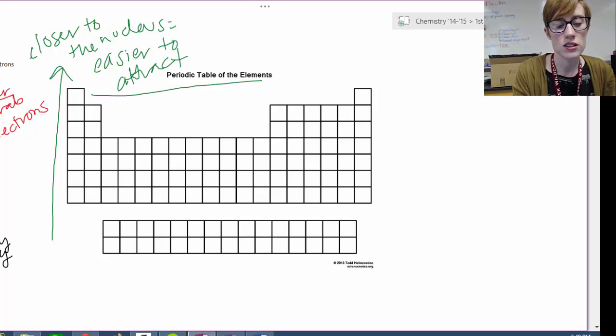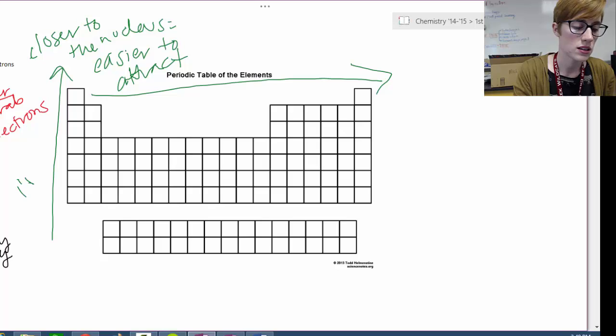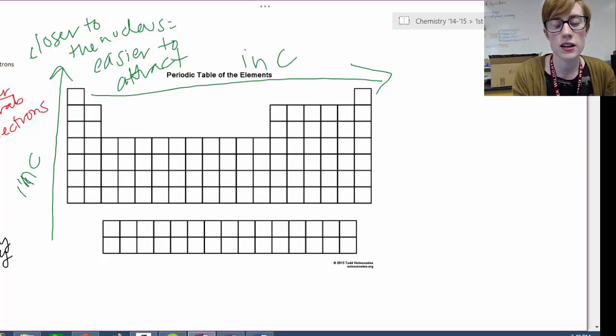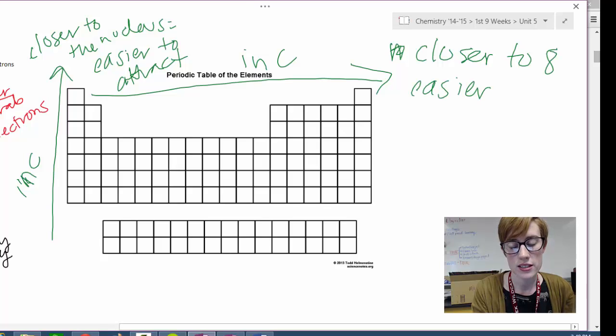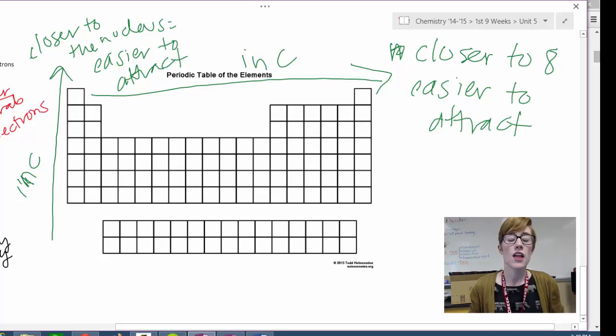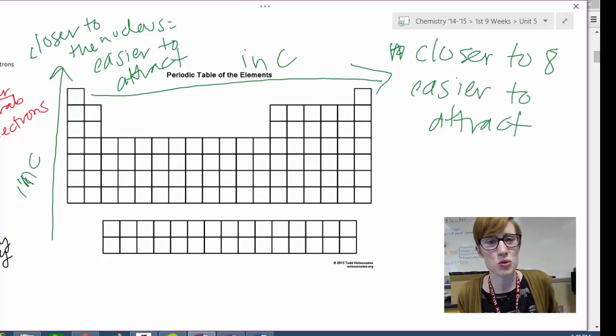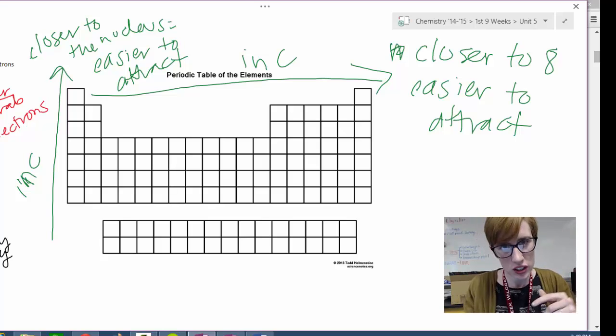And it also increases this way, because the closer you are to getting 8, the easier it is to attract more electrons. Those are your 4 periodic table trends.